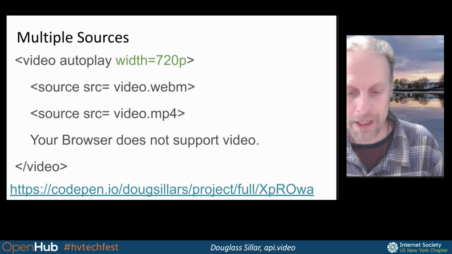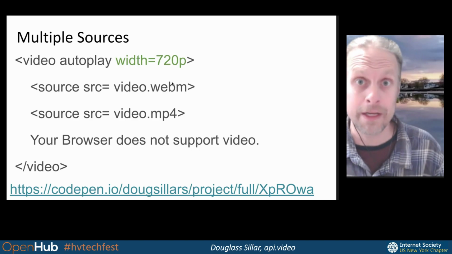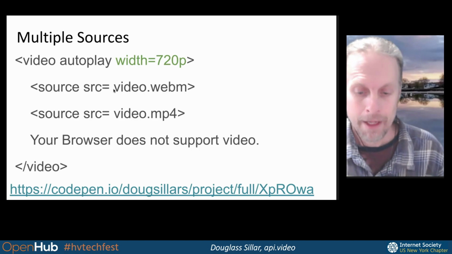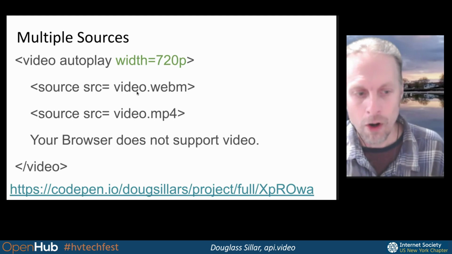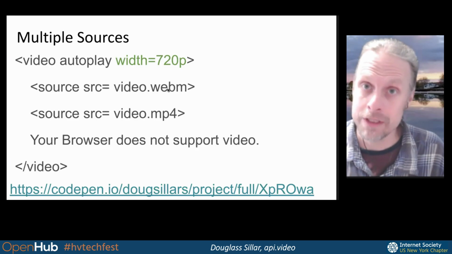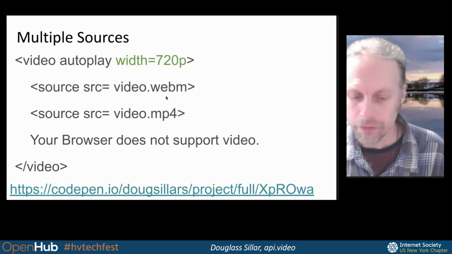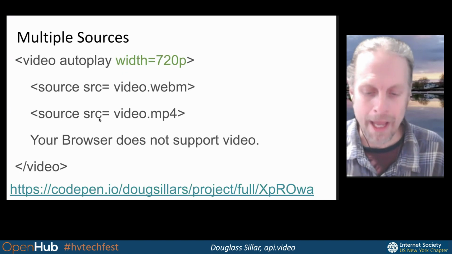You can do the same thing with video. And what the browser will do is it will grab the first video source that it understands. So WebM, VP8, and VP9 are a little bit more modern than H.264 MP4, so the compression's better at the same quality. So browsers that support WebM will be able to play this version. And if the browser doesn't support it, they can fall back to the MP4.